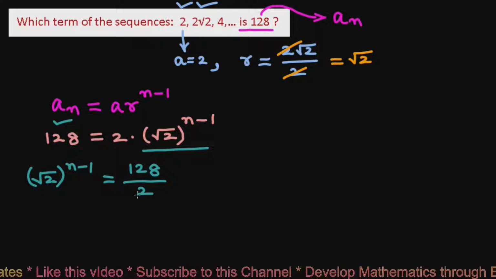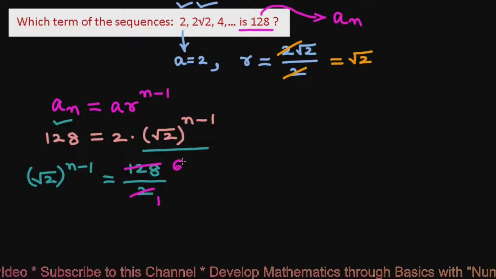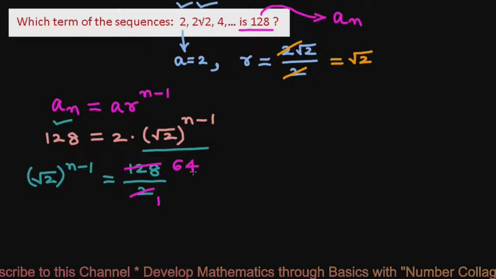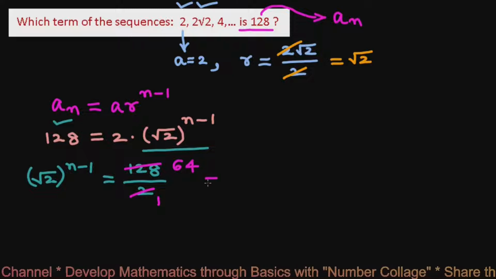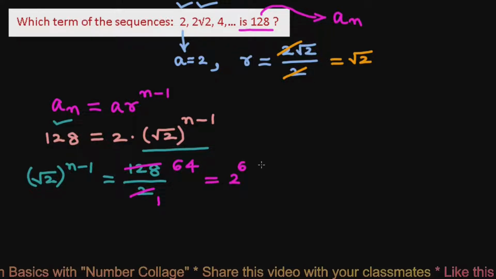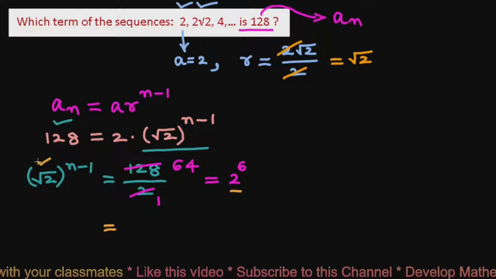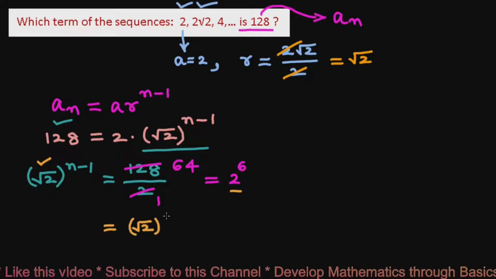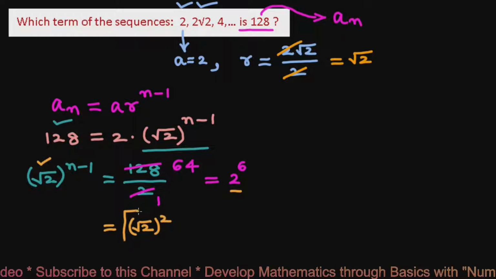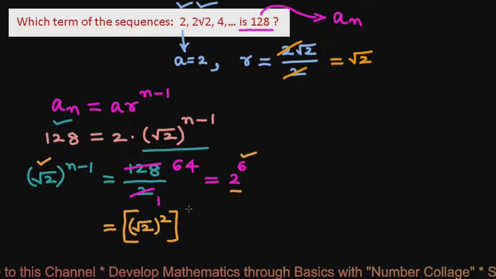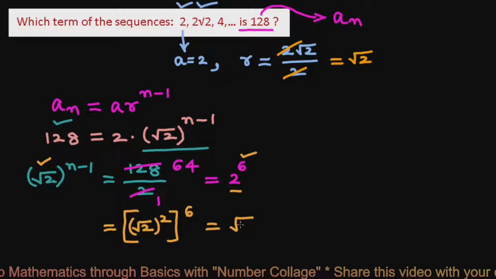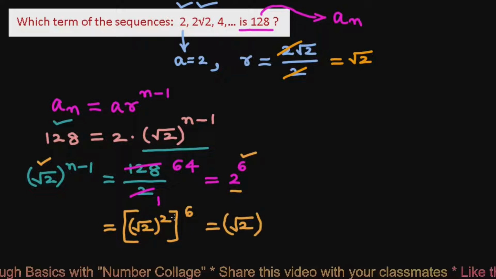So that gives 2 ones are 2, 2 sixes are 12, 2 fours are 8, that is 64. This we write as 2 power 6. Next we write this 2 in terms of root 2 as root 2 square, and we raise this to the power 6. So that will give root 2 power 12.